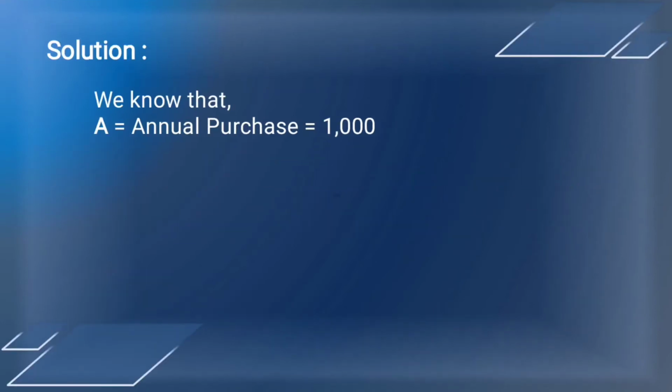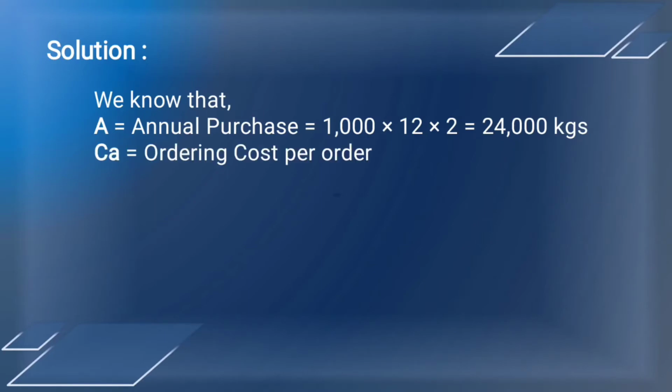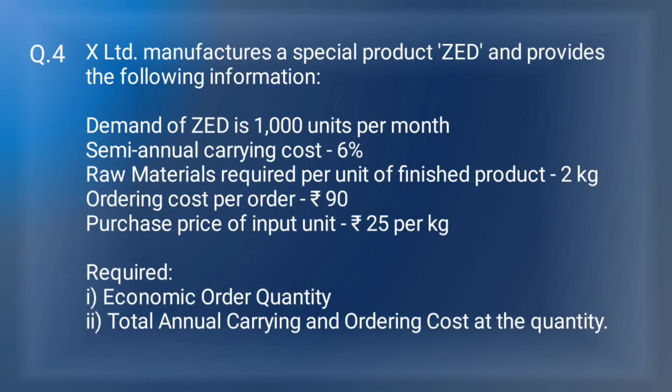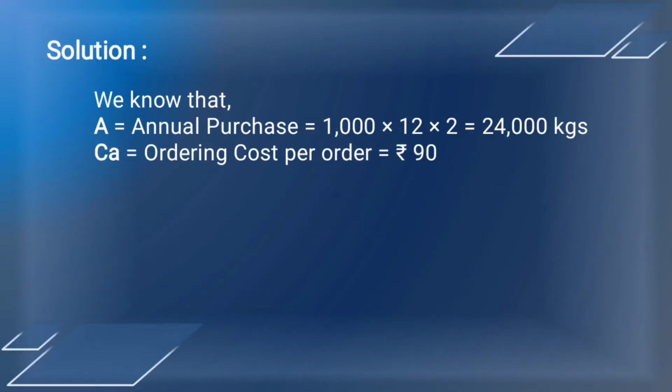So annual purchase is equal to 1000 into 12 months into 2 kgs, which will be equal to 24,000 kgs. CA stands for ordering cost per order, which is given as Rs 90. So we'll record it Rs 90.